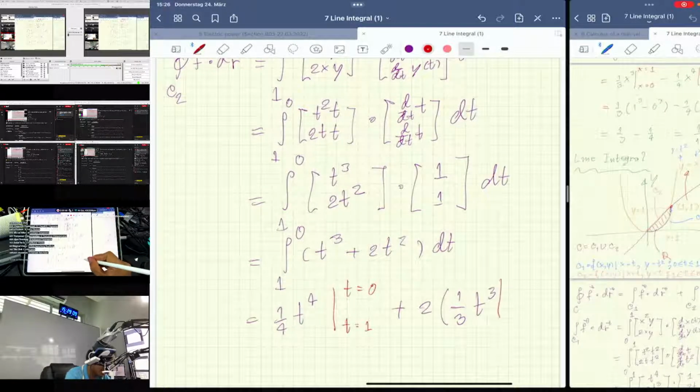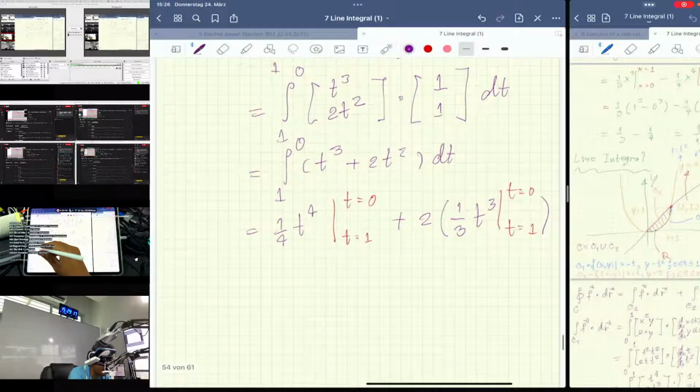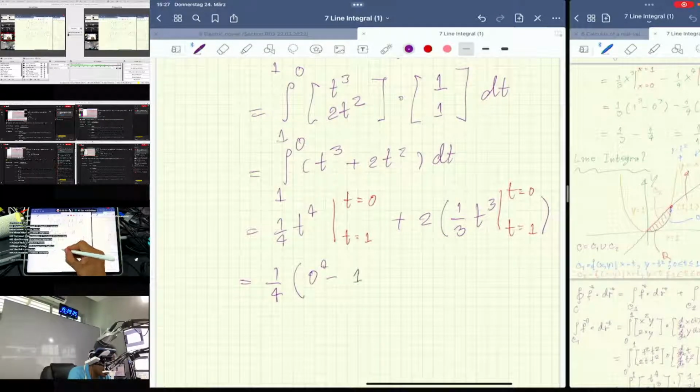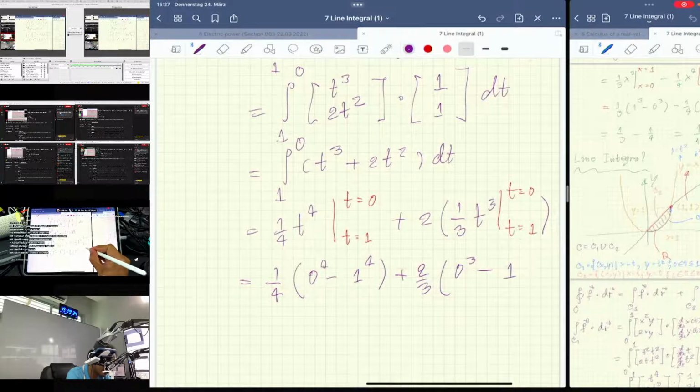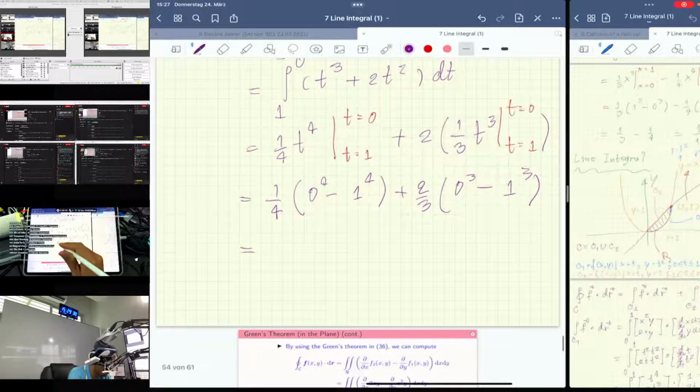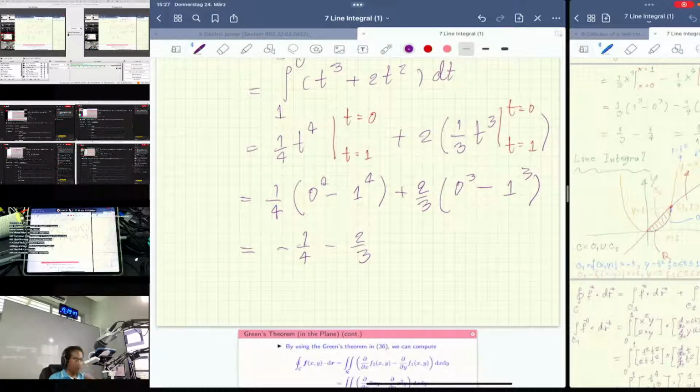Once you know that t is from 1 and t0, closing parenthesis, you're going to get 1/4 and 0 less 1/4, negative 1 less 1/4 plus 2/3, 0 less 1/3 minus 1 less 1/3, and you get minus 1/4 minus 2/3, which is equal to negative 11/12.